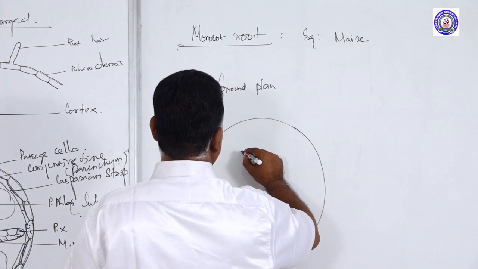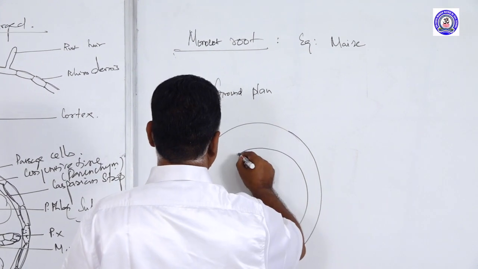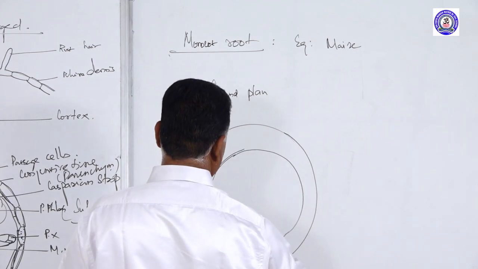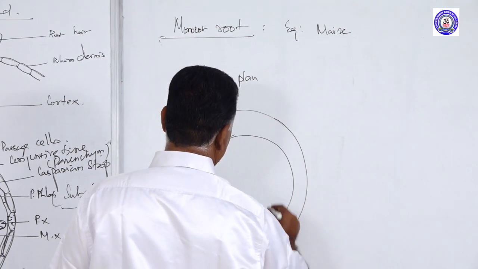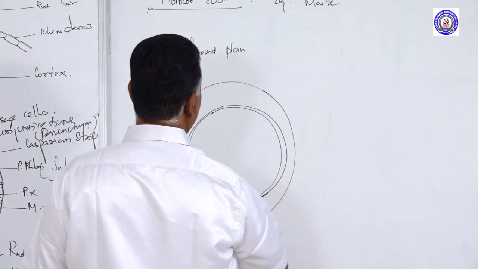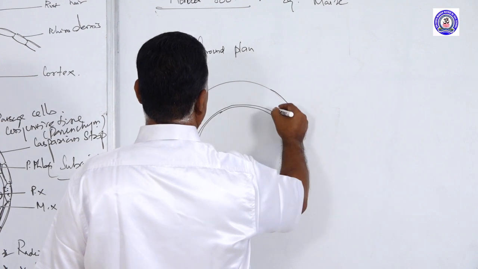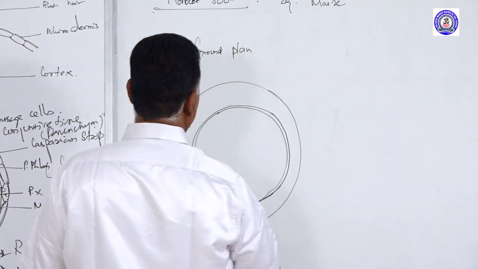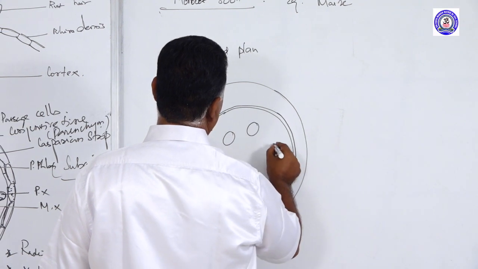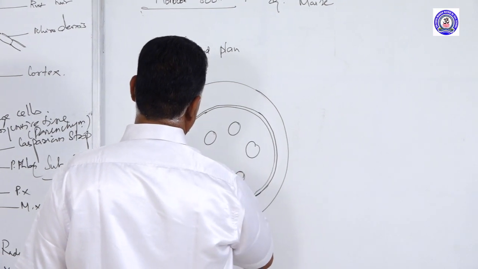We know this is the endodermis, with the pericycle next to it. And see the difference.